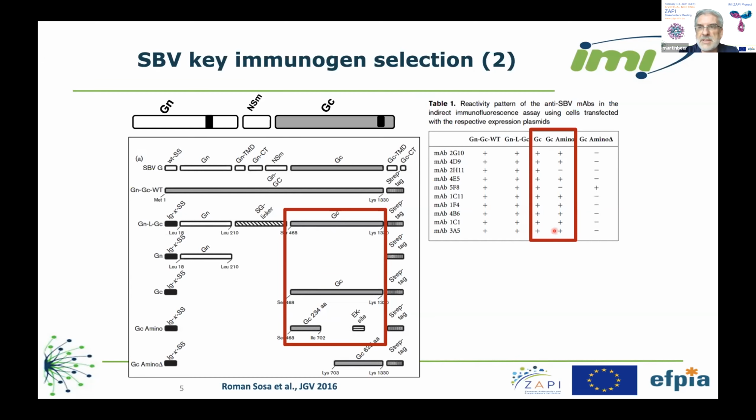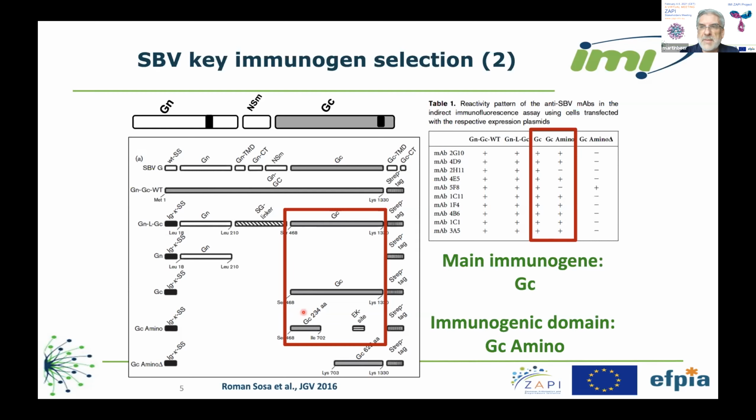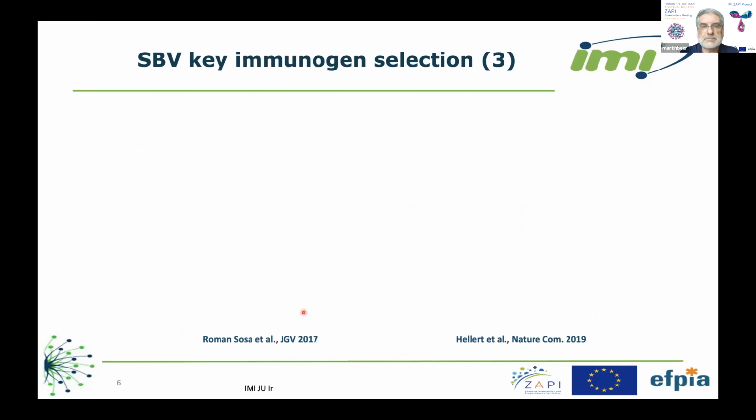So by this approach we could narrow it down to a smaller domain, which is only a part of the overall segment and only part of the immunogenic Gc. So the main immunogen is Gc, and the main domain we called at this time point the Gc amino. You will later hear that this now has a new name, coming from the more or less normal nomenclature of most of these viruses.